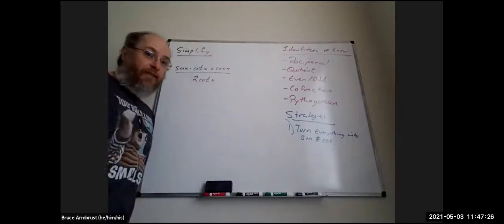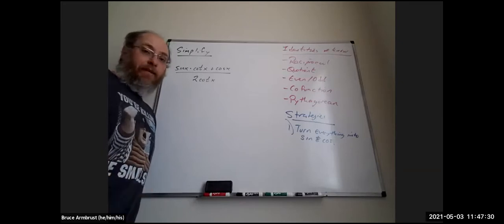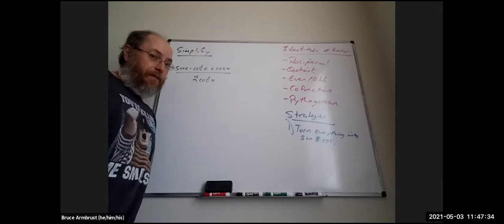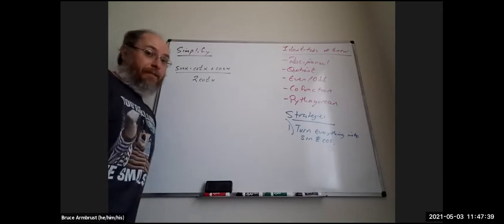Because all the other trig functions, all the other 4, can be written in terms of sine and cosine. So this is a good place to start if you've got no other idea.